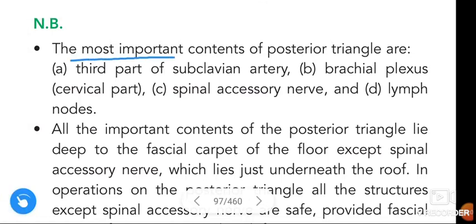The most important contents of the posterior triangle are third part of subclavian artery, brachial plexus cervical part, spinal accessory nerve, and lymph nodes. See once again, the most important contents of the posterior triangle are the same.